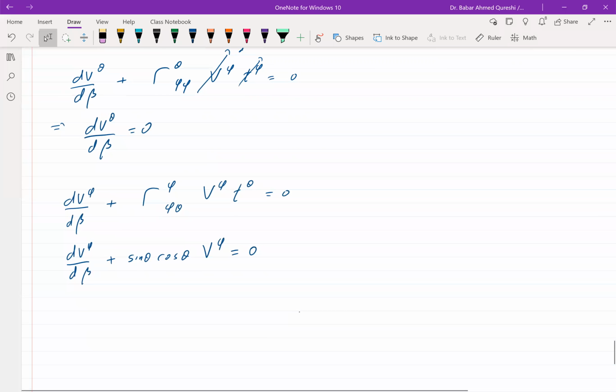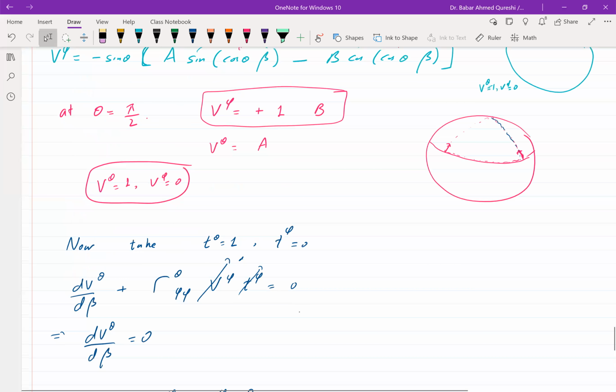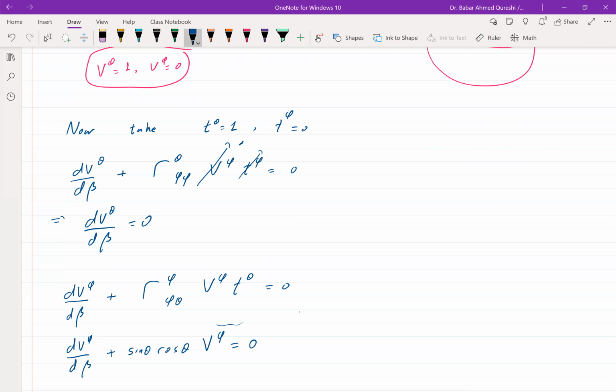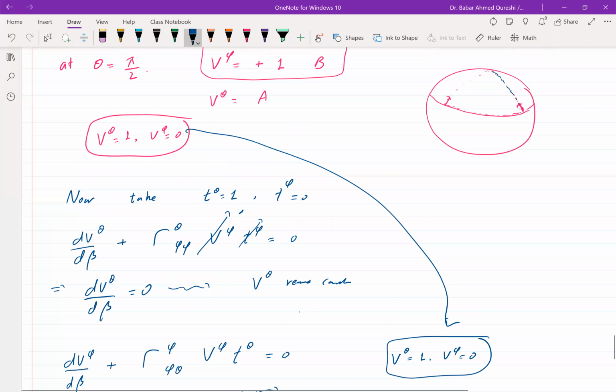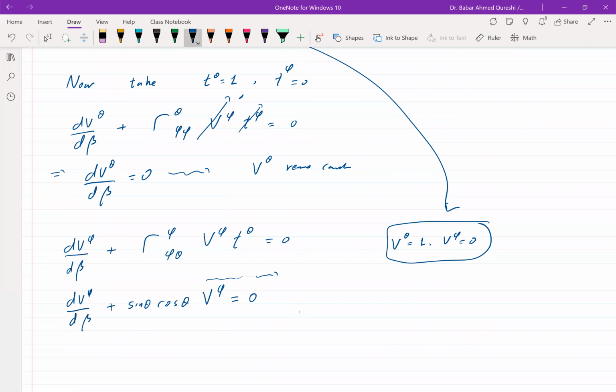If I take, for simplicity, this vector, well, this only changes the norm. Theta doesn't change. This equation says v theta remains constant. V phi changes, but I can kill this complicated equation by assuming that I start from this. So this vector, which I had transported over here, then this equation becomes 0, and this equation also says it is 0.